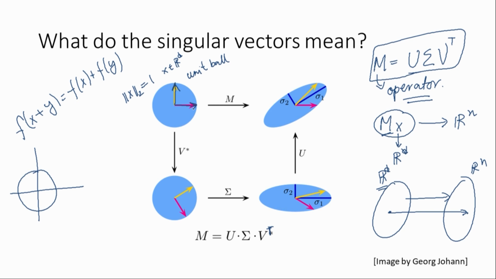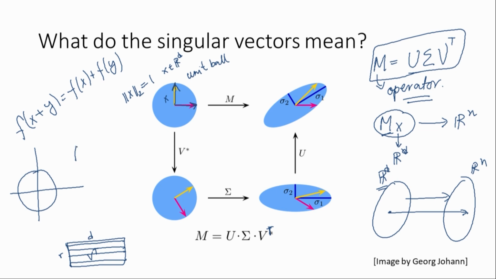Multiplying by M can be considered as three operations. First, I take this vector and multiply by V transpose. Now, what is V transpose? V transpose is an r by d matrix, but it has orthonormal rows.